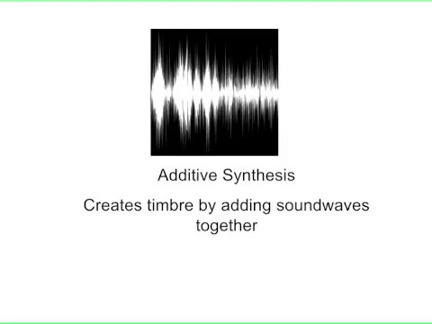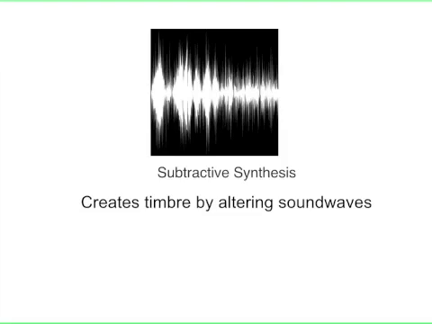Additive synthesis was an early form of synthesis. There was a device called the teleharmonium and some other early synthesizer-like instruments, and these use the process of additive synthesis, where sound waves were combined to create a timbre.